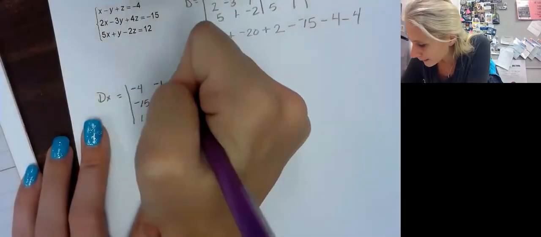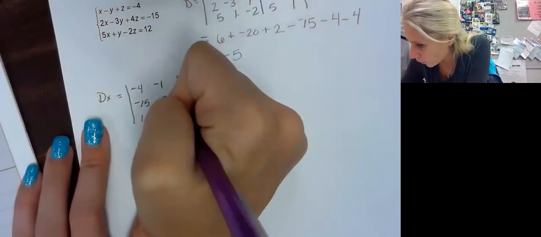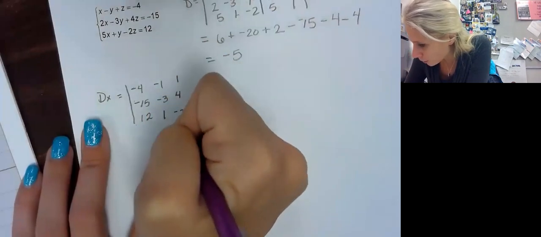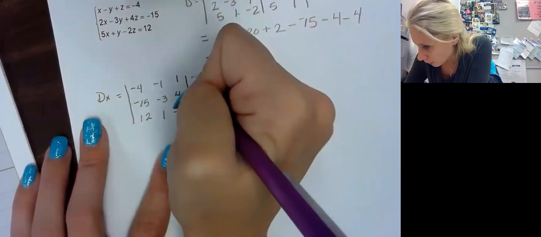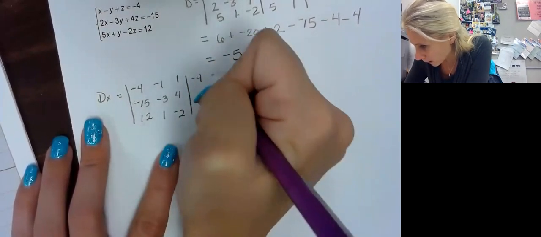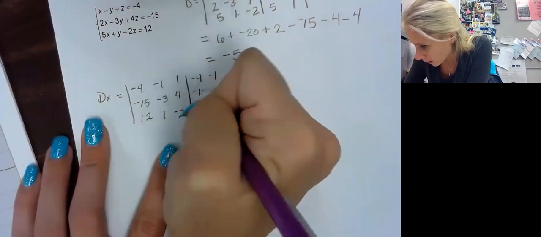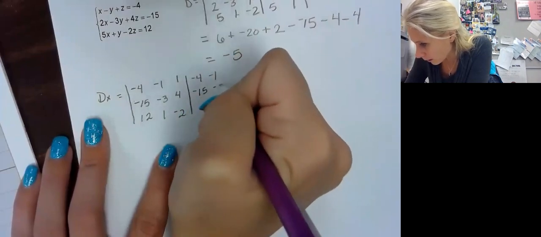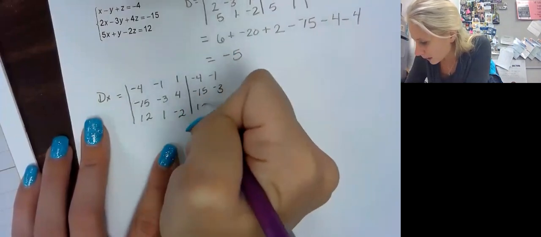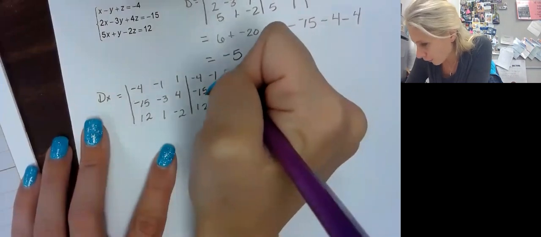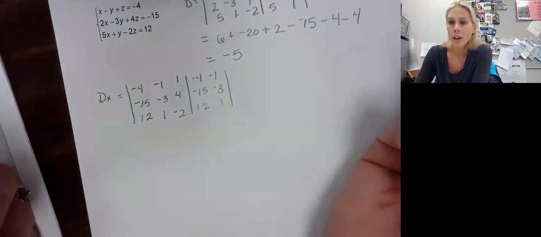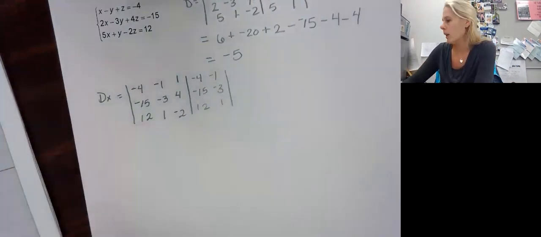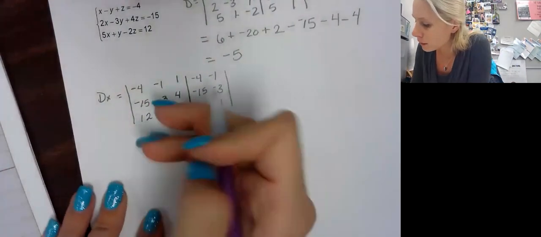Plug in my z's, which are 1, 4, and -2. All right, let's do the first two columns there. So because we're solving for all of the variables in this case, it's a little bit longer. The good thing is, because we have all variables, we're going to be able to check our work in the very end, okay? So let's do that diagonal.